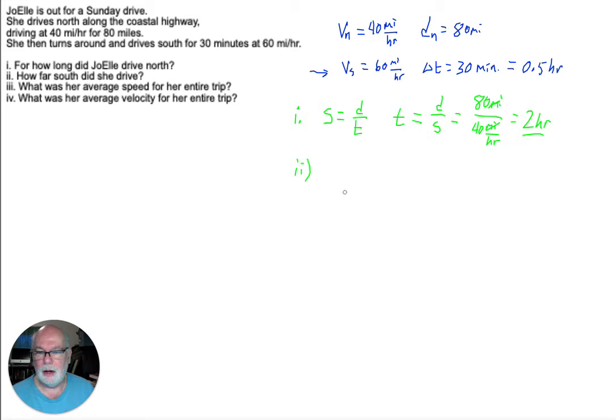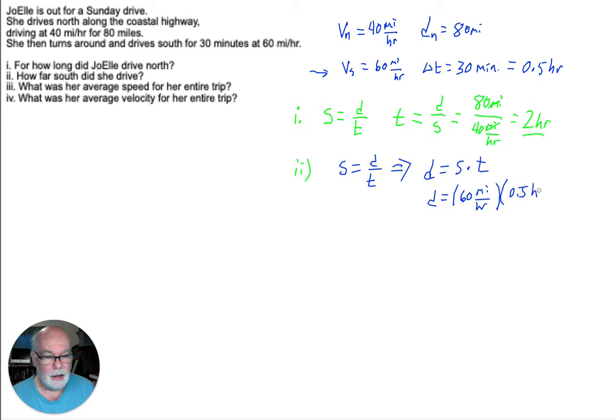If I start with speed equals distance divided by time, and I'm looking for distance, then distance is equal to speed times the time. So the distance is 60 miles per hour times 0.5 hours. 60 times 0.5 is 30. The hours divide out, and I get miles. And so that's the answer to how far she traveled.